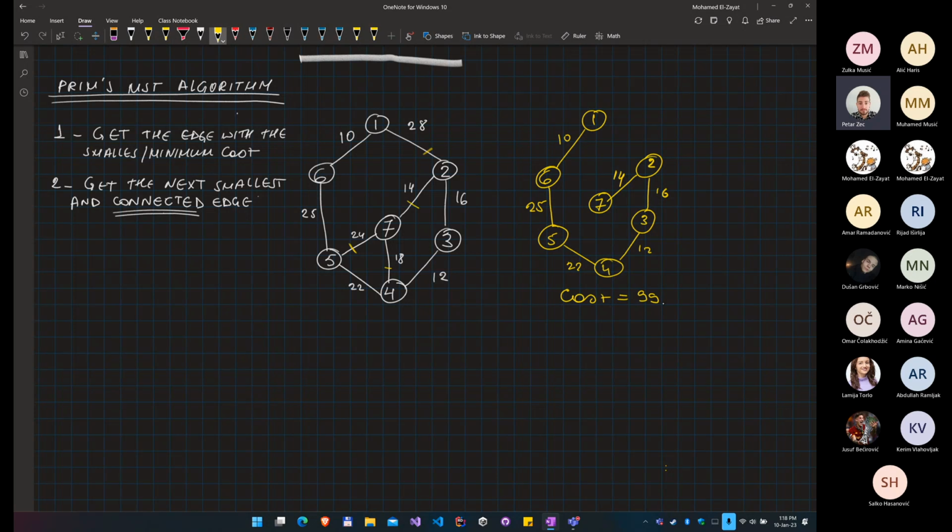Now, it is important to understand, and I'm going to write it even in yellow, because it's also important to mention here: in Prim's, a graph has to be connected.